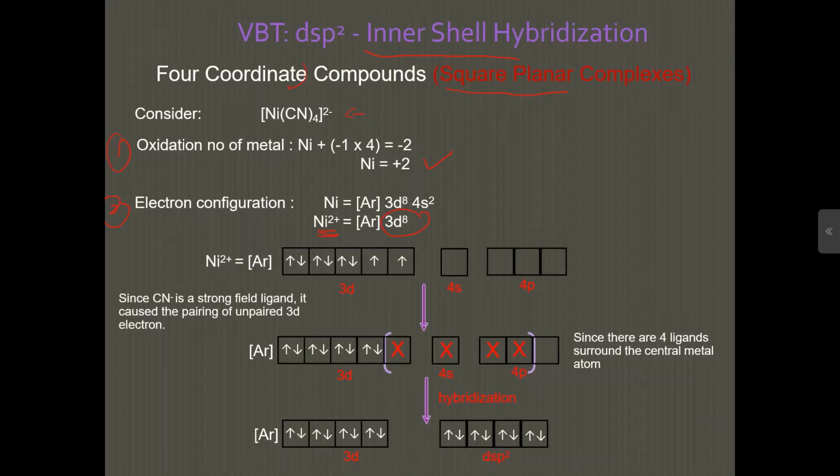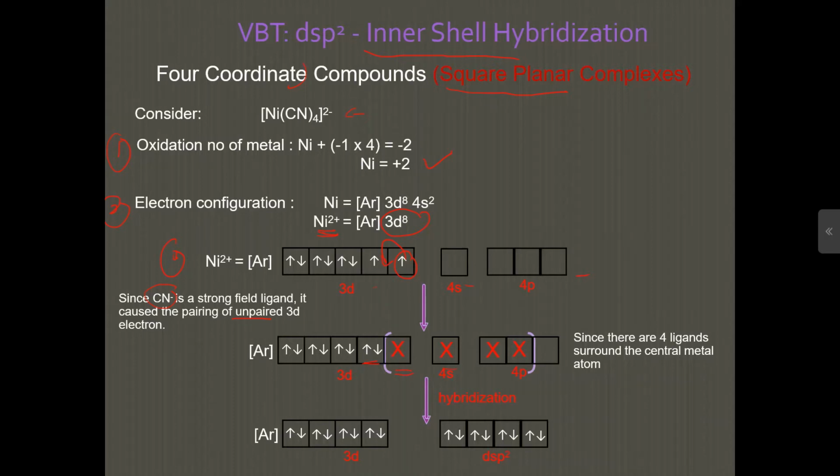So, you write down the electron configuration. This is the 3d orbital, and the empty 4s and 4p orbitals. Since cyanide is a strong ligand from the list given before, it causes the electrons in the 3d orbital to pair up. So this one will be paired up here, and then you get an empty orbital in d, s and p.